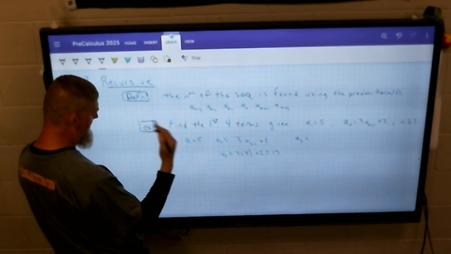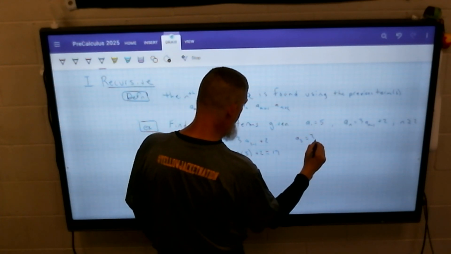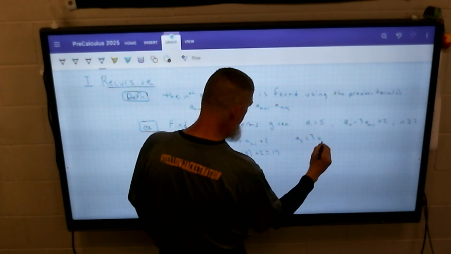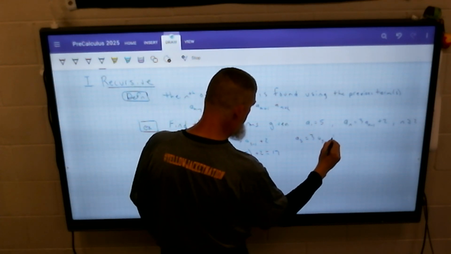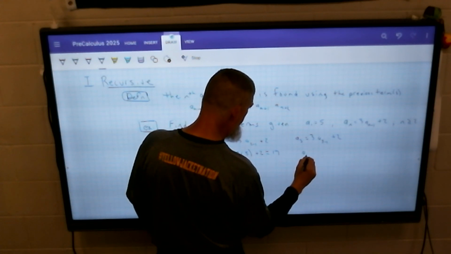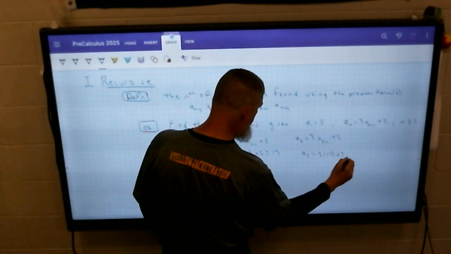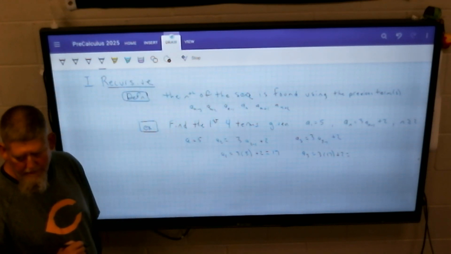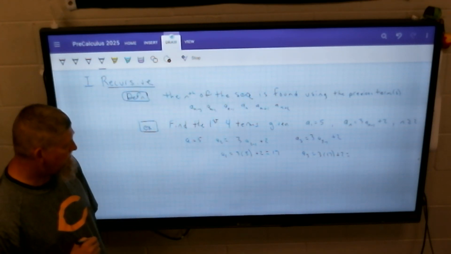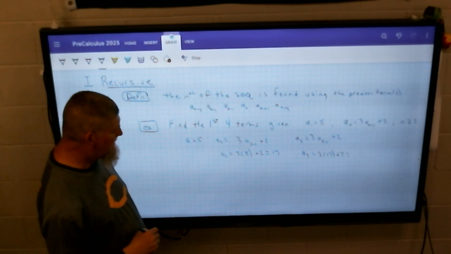Plug in 17. There you go. So it's going to be 3 times a sub 3 minus 1 plus 2, or a sub 3 is going to equal 3 times 17 plus 2, which gives me 51 plus 2, 53.